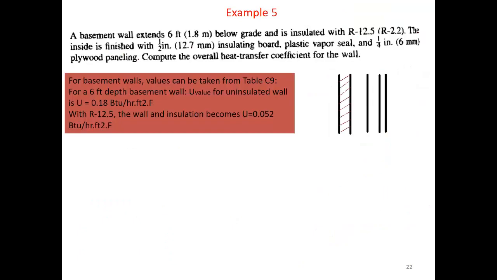Example 5, we have a basement wall that extends 6 feet below grade and is insulated with an R value of 12.5. The inside finish, so that's the insulation, or is that the wall? We have a half-inch vapor seal and a half-inch insulating board.